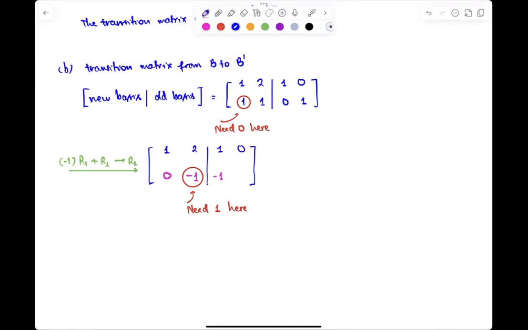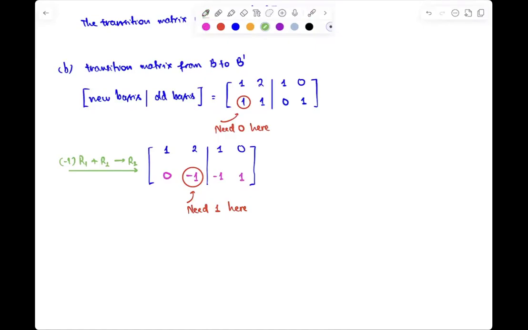So how could you turn that into a 1? Very simple. You multiply the second row by -1.